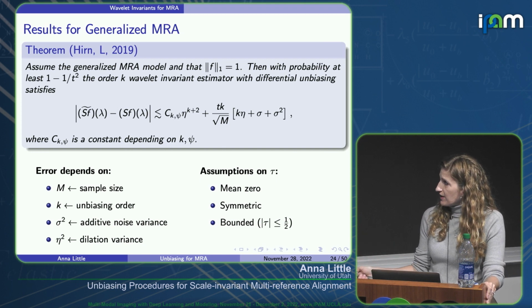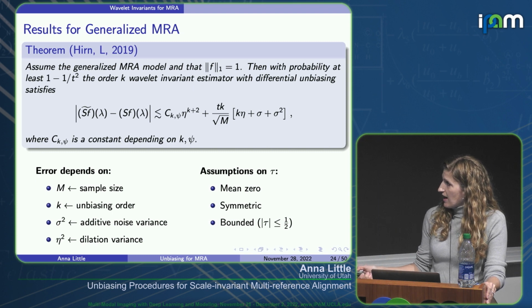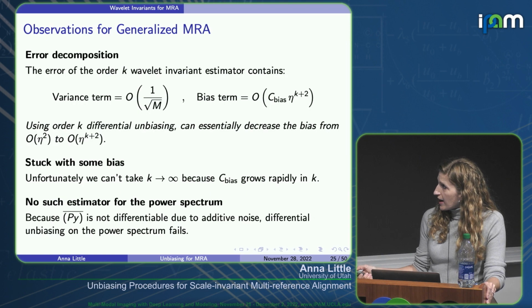So what is the main point at the end of the day? We like this term, which has an error decaying to zero as m grows, but we don't like this term. Unfortunately, we are stuck with some bias here.